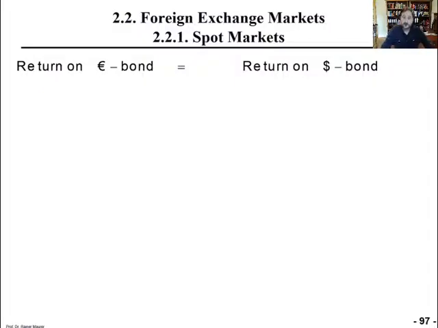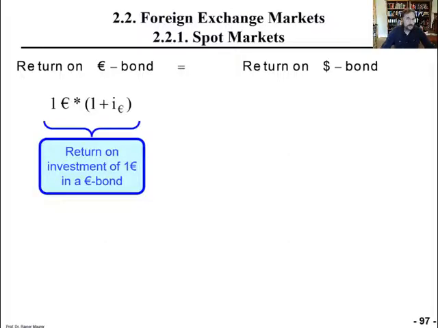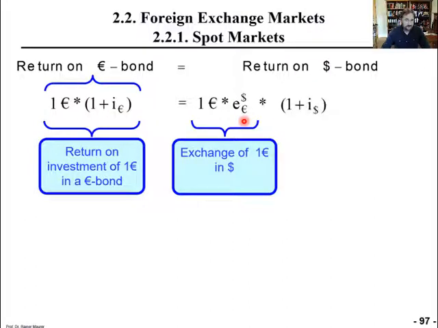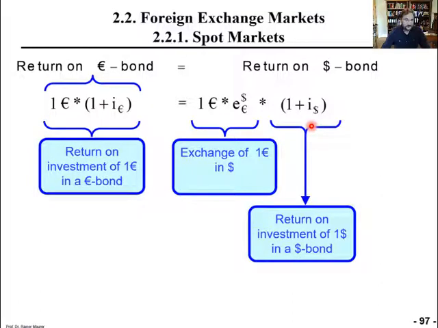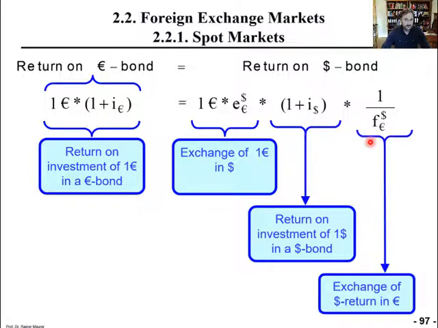So in an equilibrium on the spot exchange market, the following equation must hold: the return on an investment in a euro bond must equal the return that we receive if we invest this euro in a dollar bond, and first exchange this euro for dollars, then invest this dollar amount of money in the dollar bond, and then exchange this dollar return back into euro with the help of the forward exchange rate.